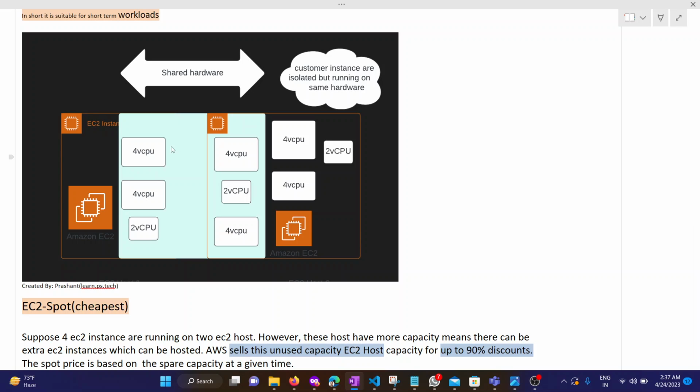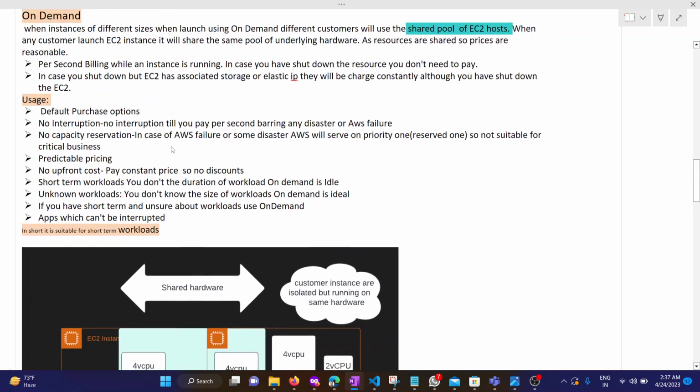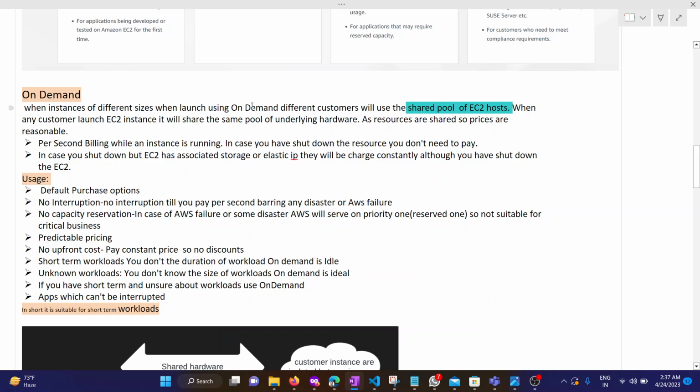They will be for different persons, but behind the scenes they are using the same hardware. This is the definition: when any customer launches an EC2 instance, it will share the same pool of underlying hardware.